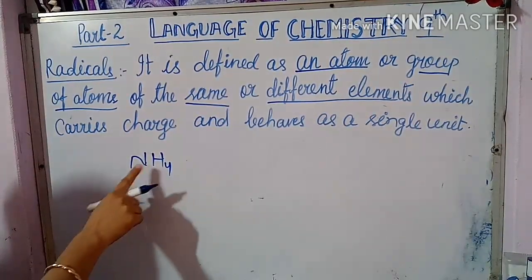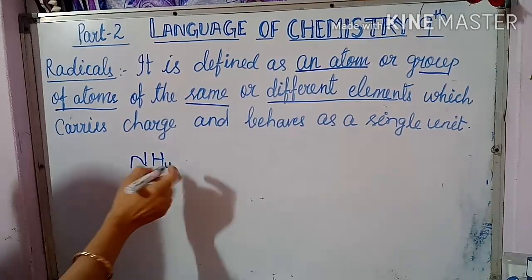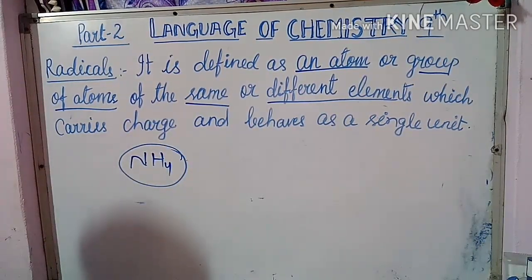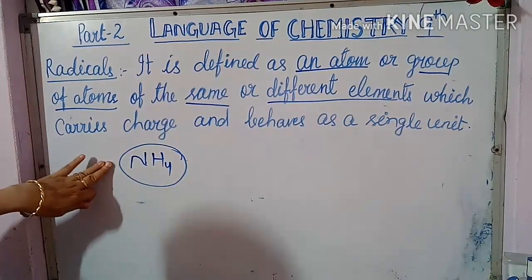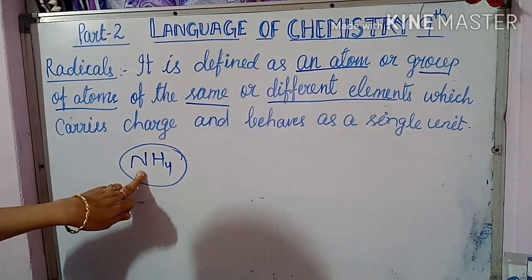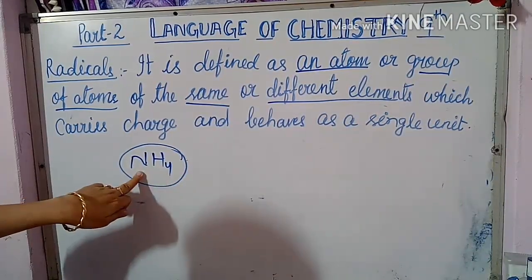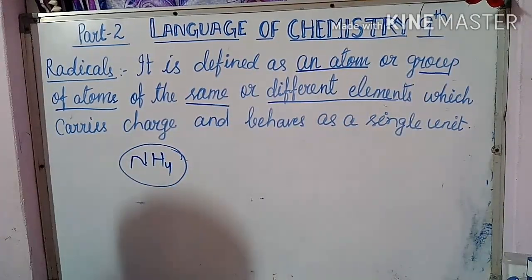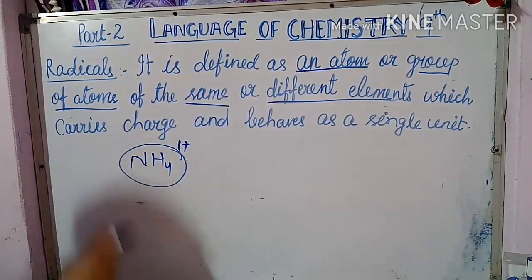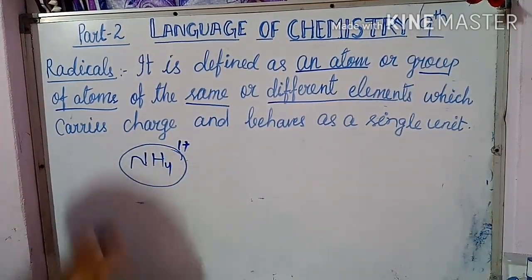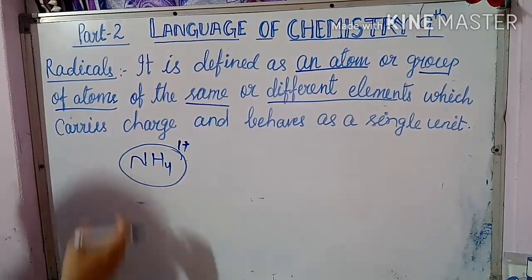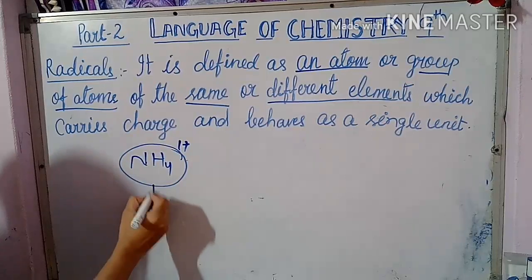The whole is known as the group. In this group nitrogen is different and hydrogen is different, but after making the group it carries a charge of 1 plus and behaves like a single unit. It is known as the ammonium radical.